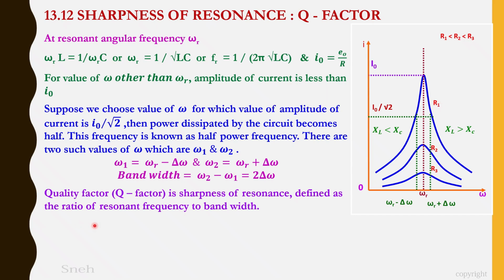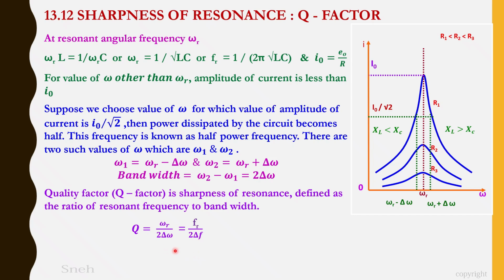As the Q factor is given by the ratio of resonant frequency to bandwidth, here I am talking in terms of angular resonant frequency initially, then we'll go for resonant frequency. So what is angular resonant frequency? That is omega r. What is the bandwidth now? Bandwidth is 2 delta omega. So I can write Q is equal to omega r upon 2 delta omega.